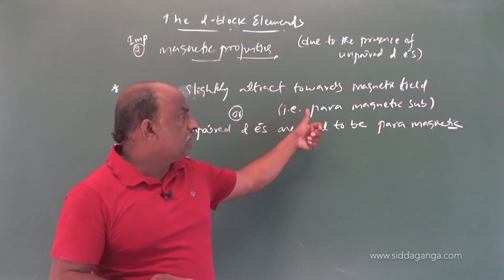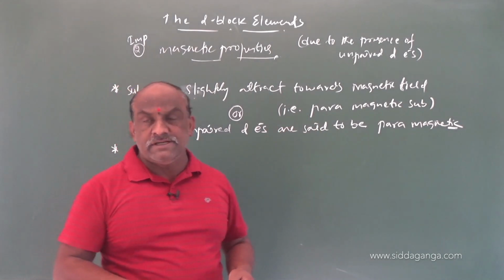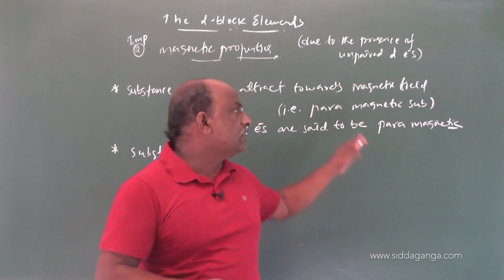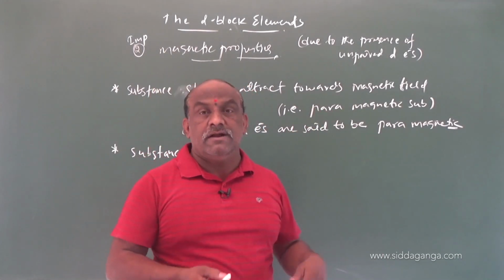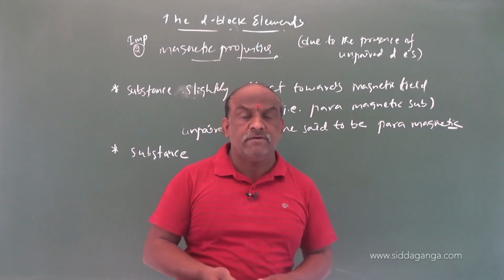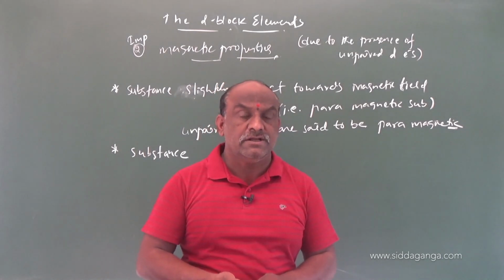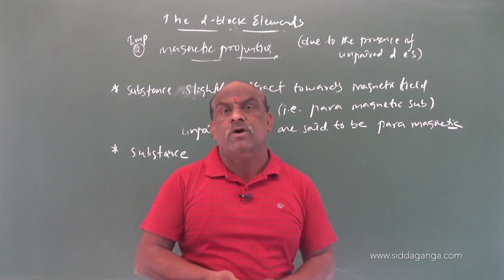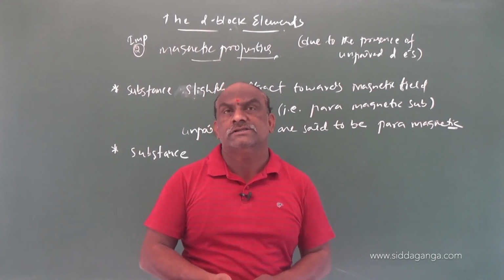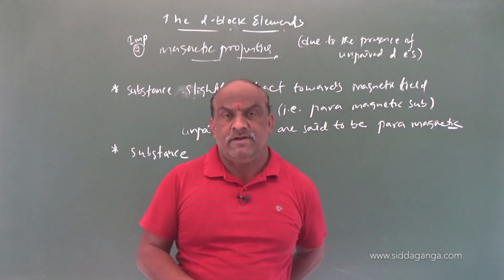You should remember these two definitions. Slightly attracted towards a magnetic field is called a paramagnetic substance. Repelled by the magnetic field is called a diamagnetic substance. On the other hand, one more definition: diamagnetic substance is in the form of paired d electrons. Paired d electrons exhibit diamagnetic behavior.